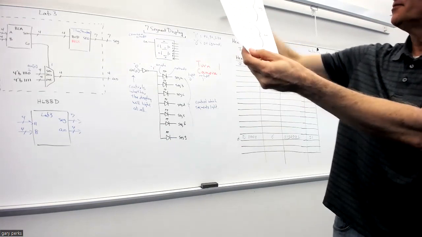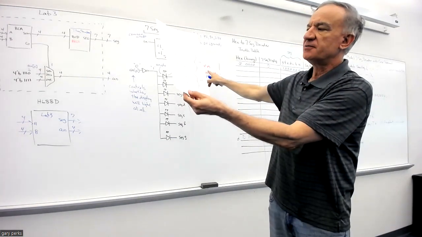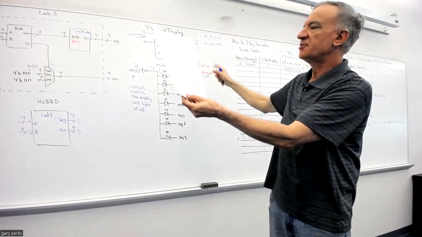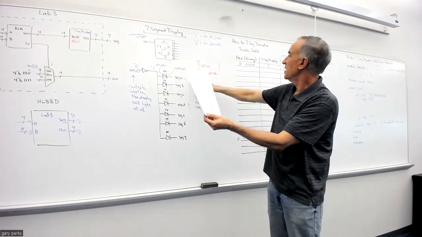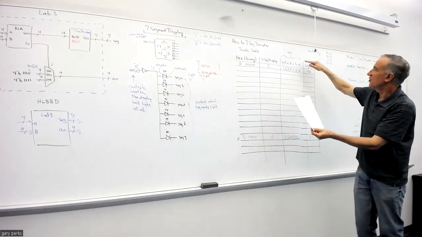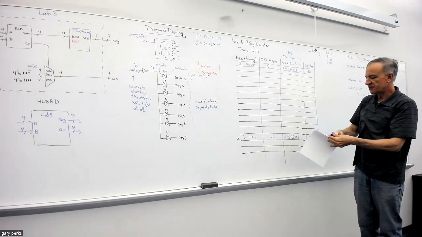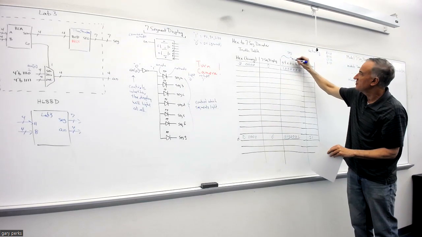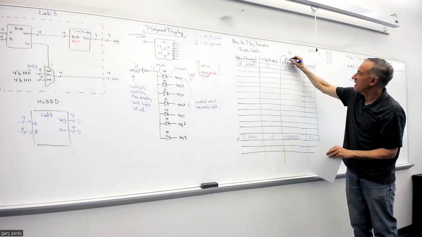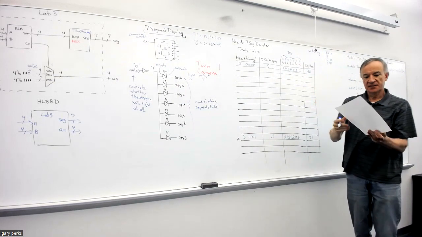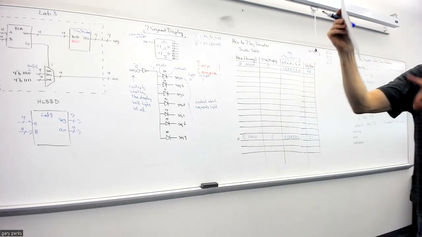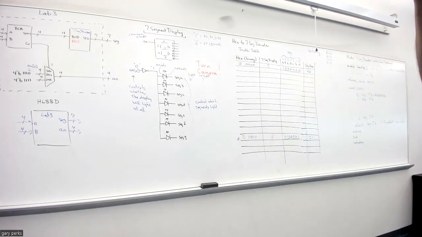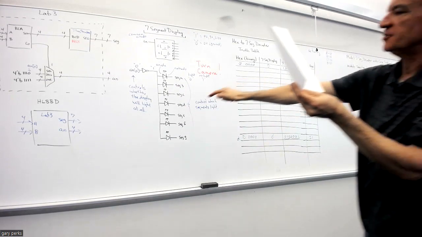So you'll have like seg 0, seg 1, seg 2. And what I did is, and I would follow the same thing, I made seg A, seg 0, this is seg 1, 2, 3, 4, 5, 6, 7. And then you also have to do the anode output too.